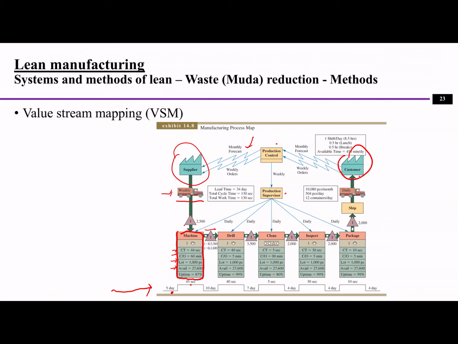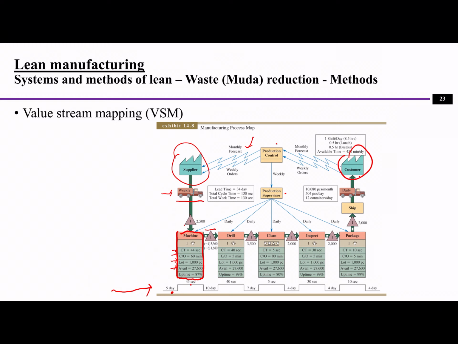Above the production supervisor is the production control manager, and he is going to talk to the production supervisor every week. So it's weekly, and it's a straight line, so it means that's manually handled information. And if it is in computers or by phone or something else, then that's the flash line communications.